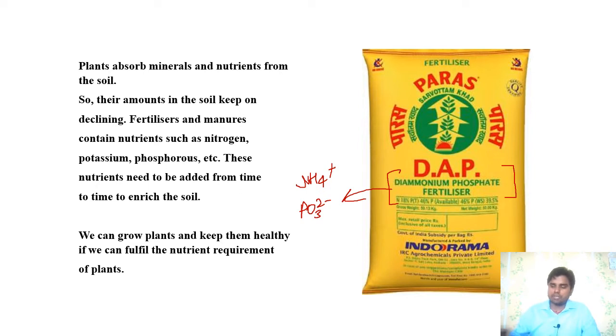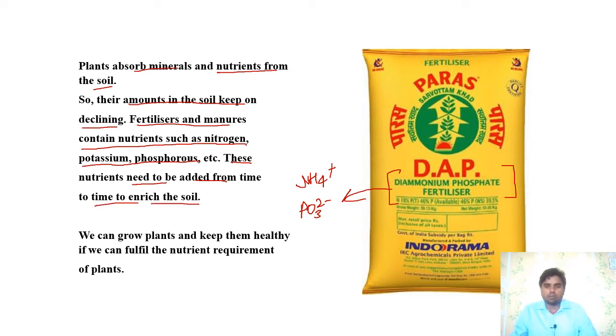Okay, so let's read, students. The plant absorbs the minerals and nutrients from the soil, so their amounts in the soil keep on declining. The fertilizers and manures containing nutrients such as nitrogen, potassium, phosphorus, etc. need to be added from time to time to enrich the soil.